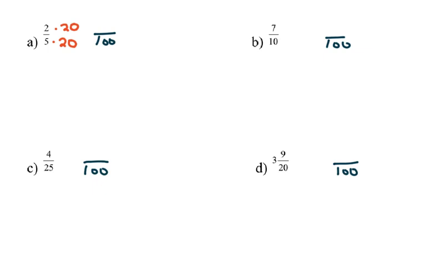When we multiply the numerator by 20, 2 times 20 equals 40. As soon as we have a number over 100, we then can convert that to a percent. The numerator indicates what that percent is. And so for letter A, we have 40%.